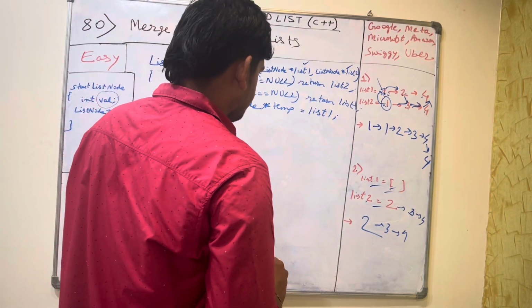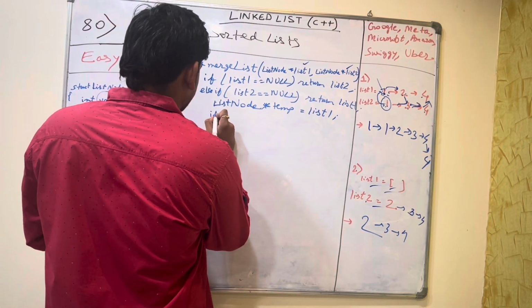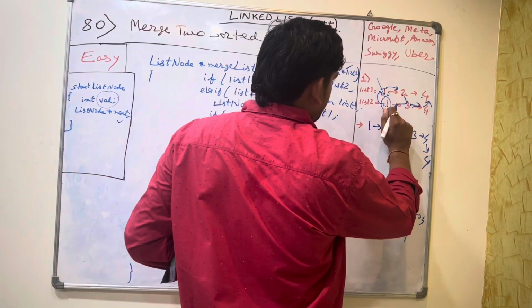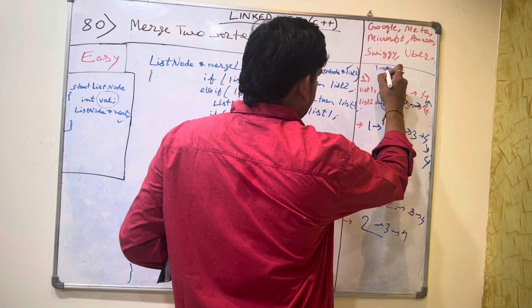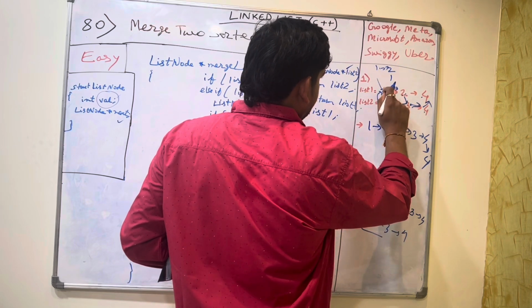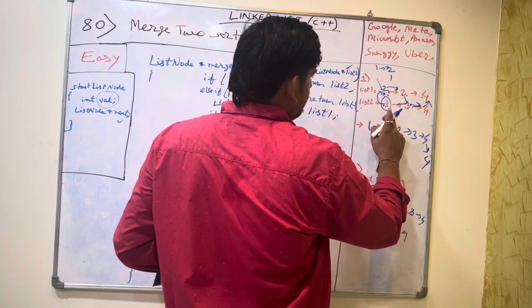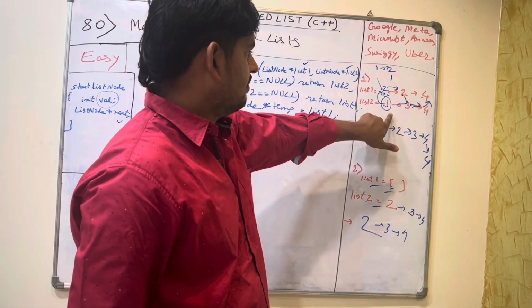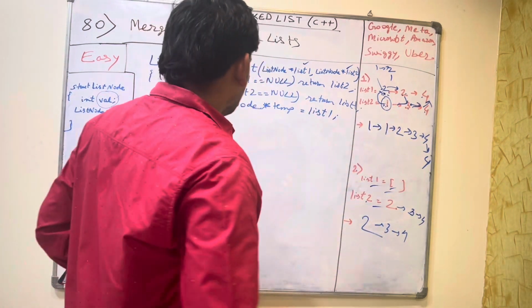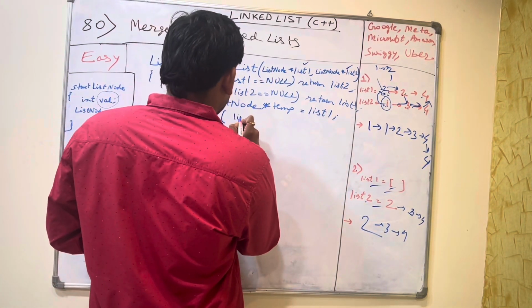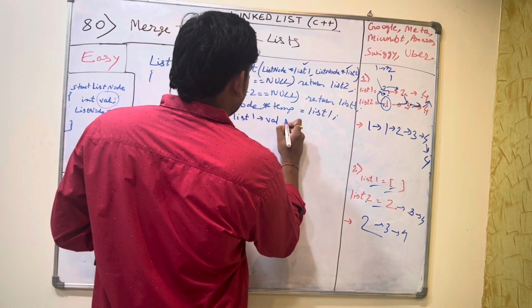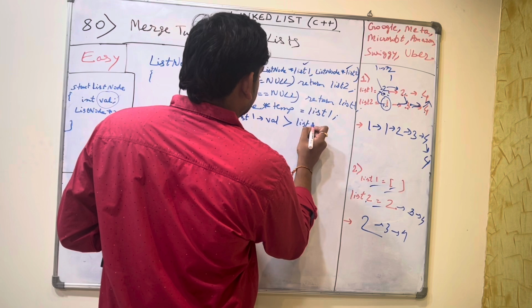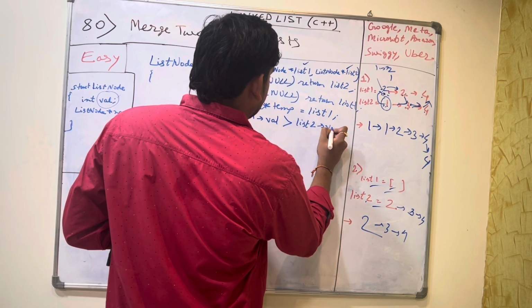Now here in this case both were same, but if list 1 started from 2 instead of 1, we would have taken this one as our beginning point, right? So we will see if list 1 value is greater than list 2 value, right?